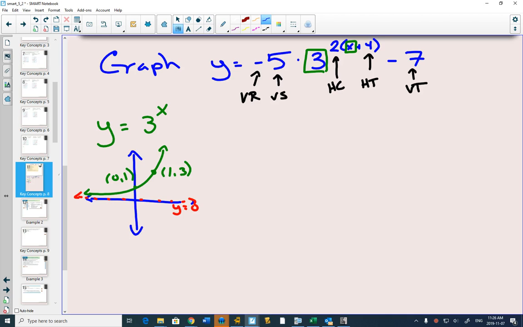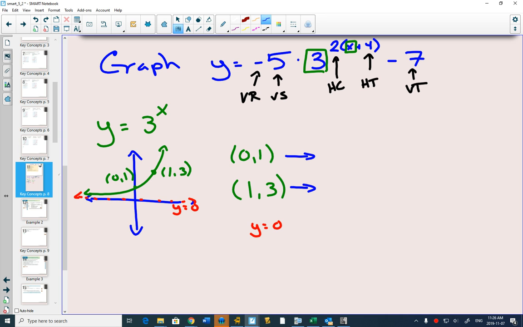So if we think back to our transformations unit, what did we do? We took the points on our original graph, 0, 1 and 1, 3. We're also going to look at what happens to our asymptote y equals 0.